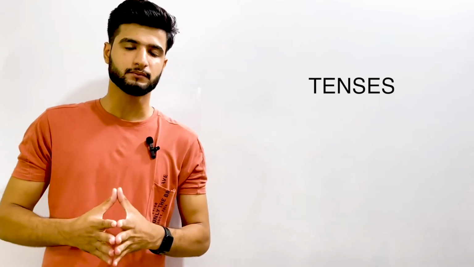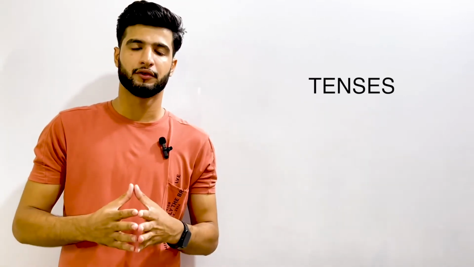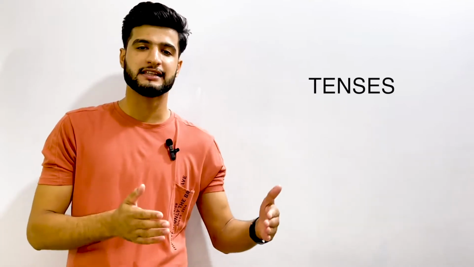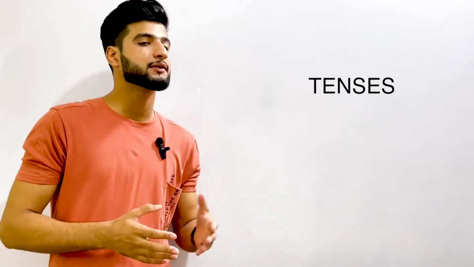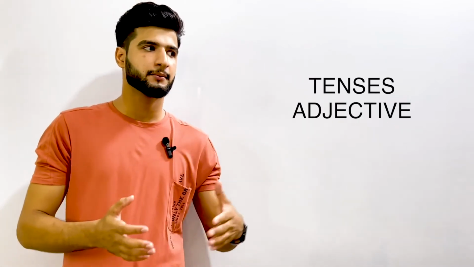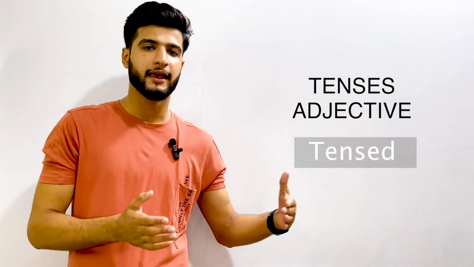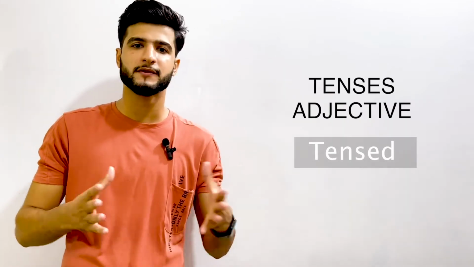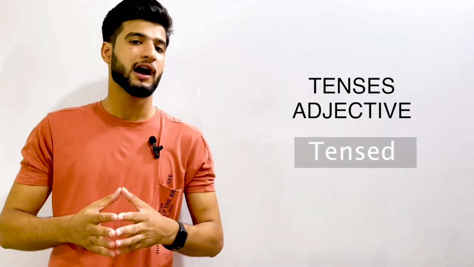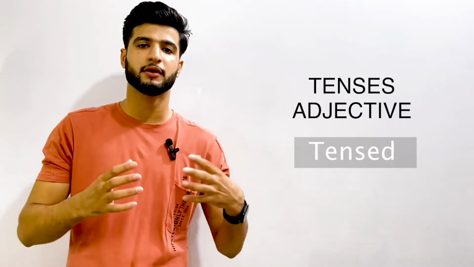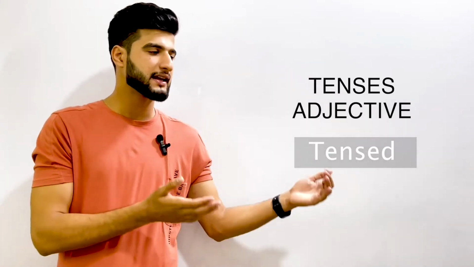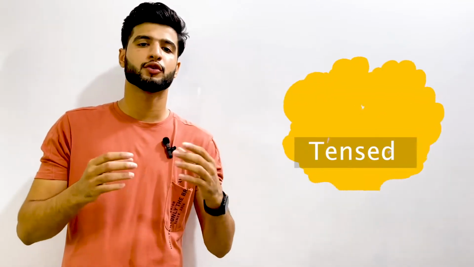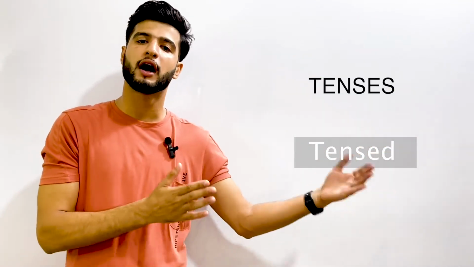So, tense as a noun refers to time. But tense has other grammatical functions as well. Tense can be used as an adjective. For example, I am tensed. I am tensed means I am upset, or I am stressed, or I am exhausted. It means that you don't feel well. So tense as an adjective means when you're not feeling well, when you are upset.